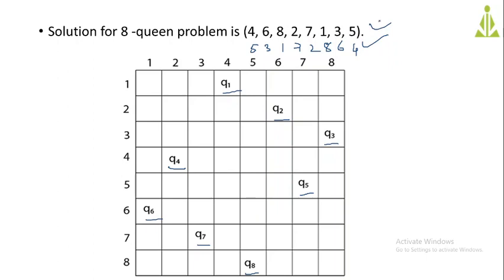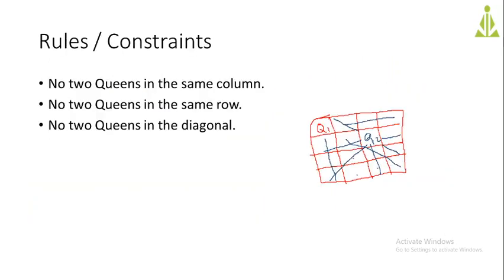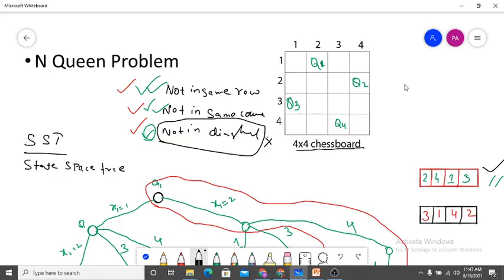Even for an n by n matrix, you can solve it with the same method we used with the 4 by 4 queen matrix. For understanding we have taken the 4 by 4 matrix. In the exam there may be an 8 queen problem, so you need to solve it the way I solved it here.